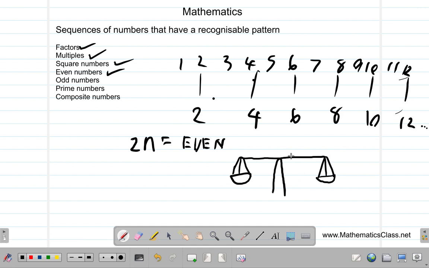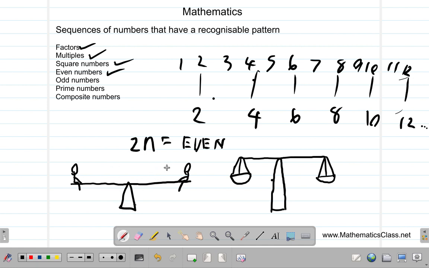But you can check if two things are the same weight, or take a seesaw, the same argument. Your friend sits down on one side and you sit down on the other side, and it balances because the two of you are the same weight, so 2.